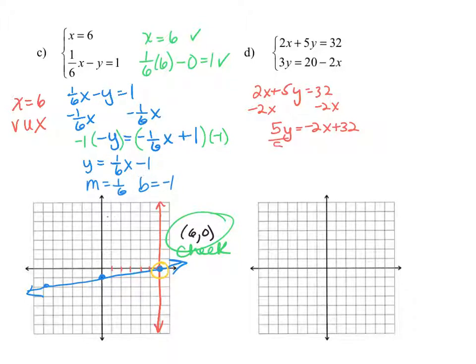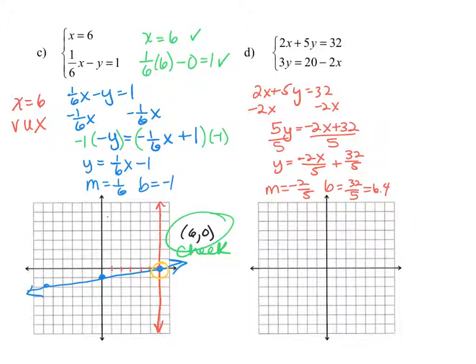Now we're going to divide both sides by 5, and we get y equals negative 2x over 5 plus 32 over 5. So that means our slope is equal to negative 2 over 5, and then the y-intercept is 32 over 5, which is 6.4.